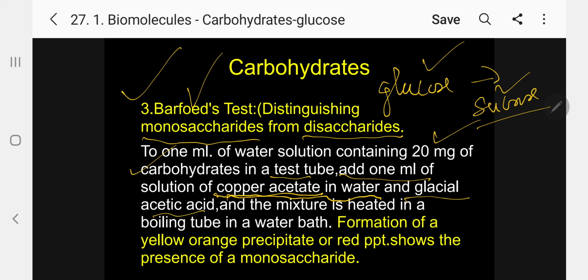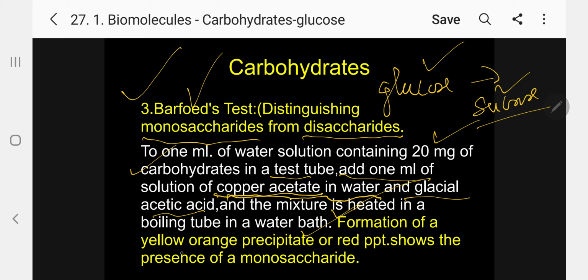Copper acetate in glacial acetic acid is called Barfoed reagent. Copper acetate in water and glacial acetic acid mixed gives the Barfoed reagent. So to 1 ml of the carbohydrate solution, add 1 ml of the Barfoed reagent, and the mixture is heated in a boiling tube in a water bath.